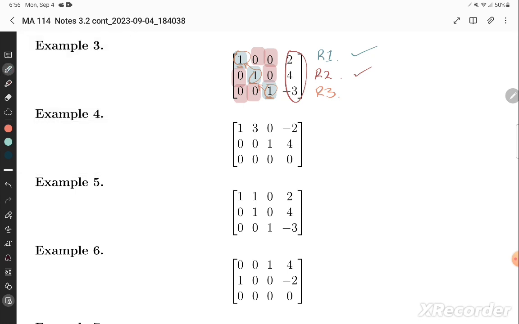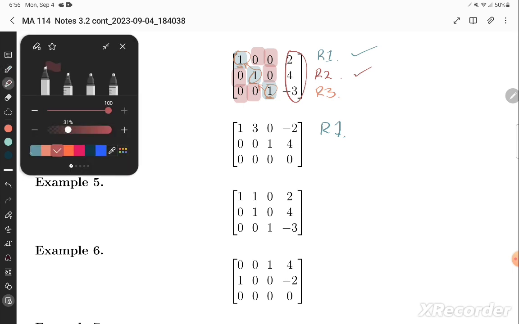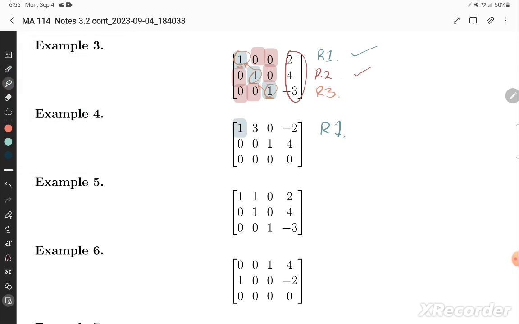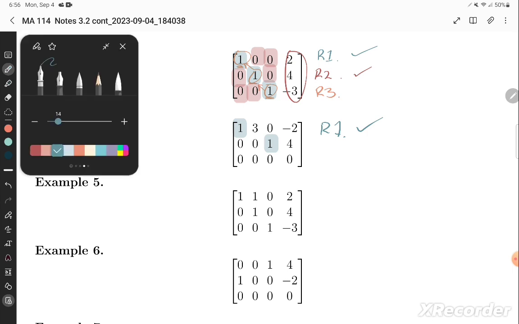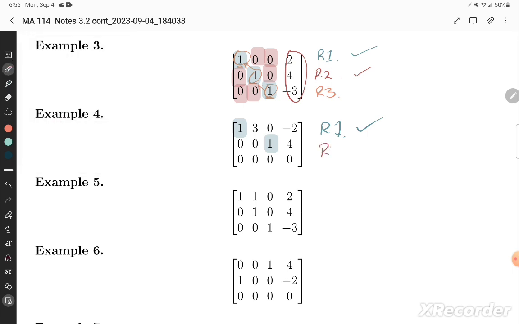Let's go through it again. R1, are my leading entries 1? Yep, that one's 1. For row 2, it's 1. And for row 3, I don't have any leading entries. So yes, all my leading entries are 1. Now let's check R2. Are my columns clear? You might be thinking no, but that would be wrong, because I only need to check the columns where my leading entries are.